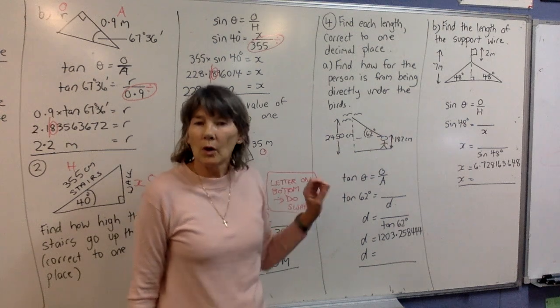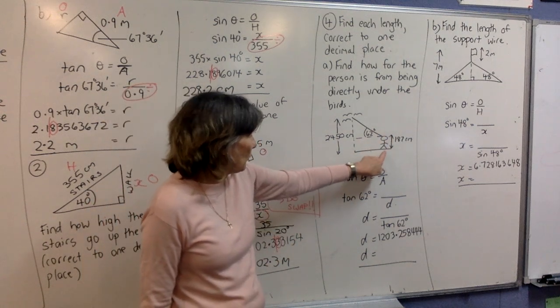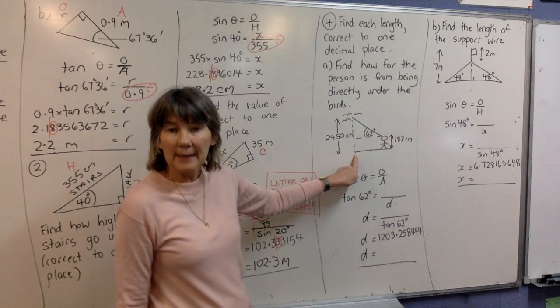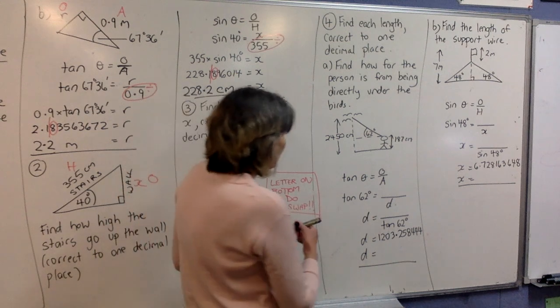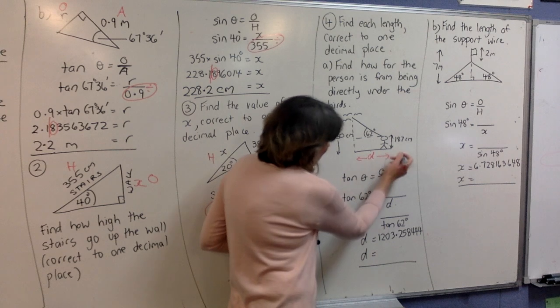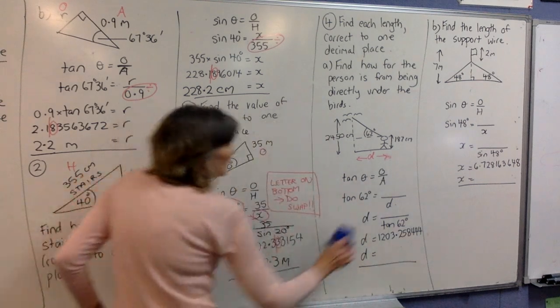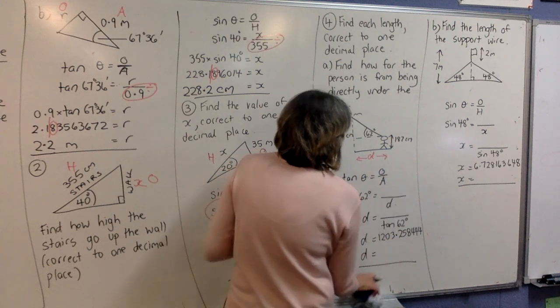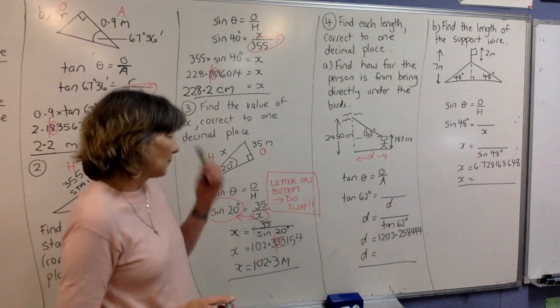He is going to walk until he's directly under the birds. So that means he will walk from here to here, and when he's standing there, he'll be directly under the birds. So what we're looking for is this distance here, from where he's standing to being directly under the birds. That's what we're looking for.